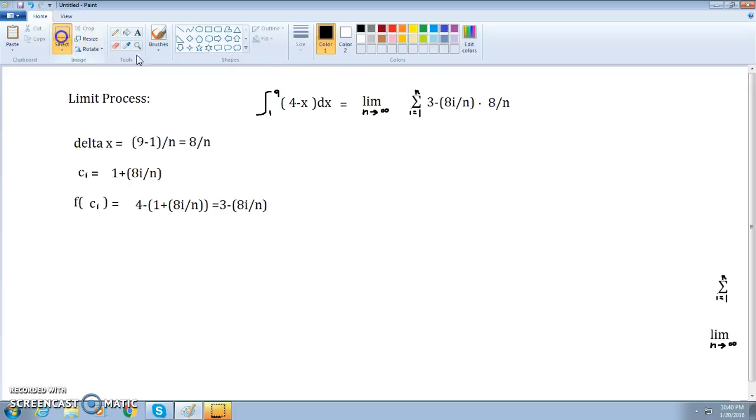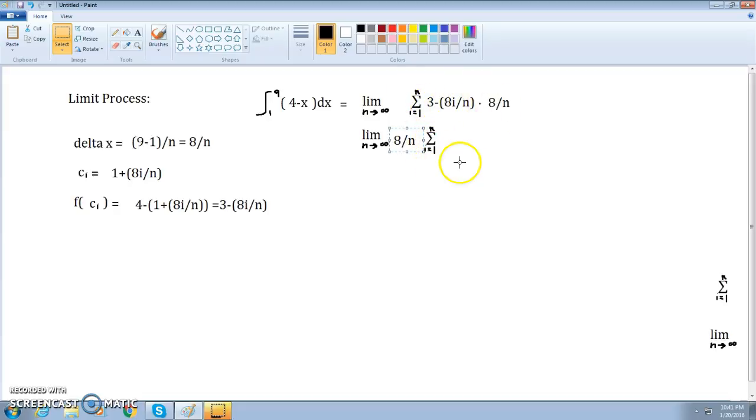From that, we could say that, before even that, we could move this 8 over n, this delta x, to the front of this summation, but not in front of the limit. That's a property. After that, we could also split up this 3 minus 8i over n into two summations.